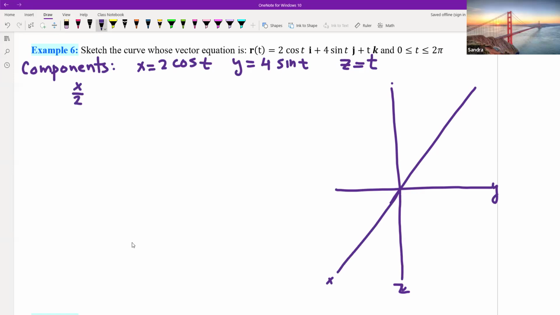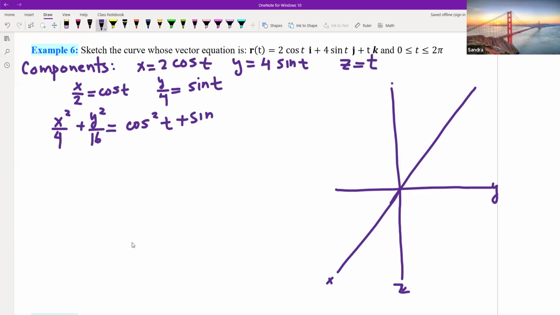So then this is x over 2 equals cosine t, and y over 4 equals sine t. And I can square both sides. So then this will be x squared over 4 plus y squared over 16 equals cosine squared t plus sine squared t, which equals 1.